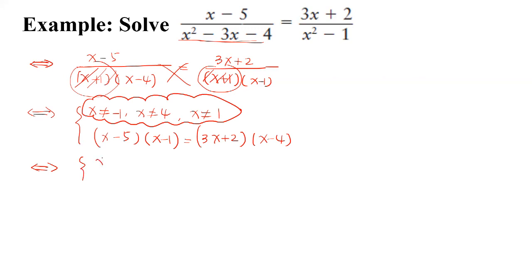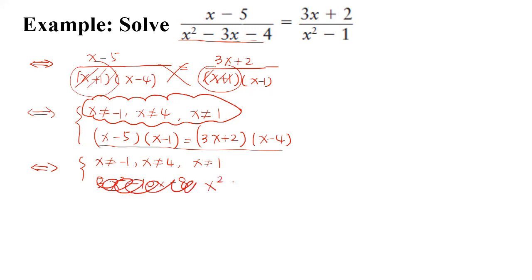Okay, this is equivalent to x cannot be minus 1, x cannot be 4, x cannot be 1. And then let's expand everything and try to simplify. X squared minus 6x plus 5 equals 3x squared minus 10x minus 8.